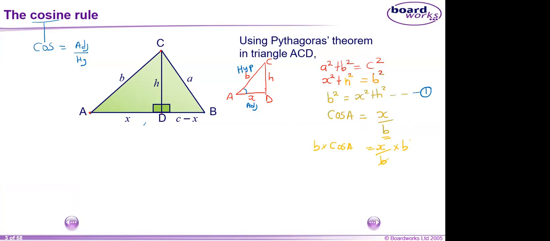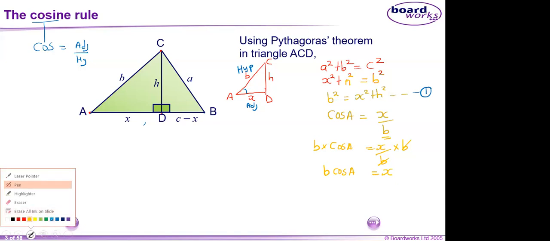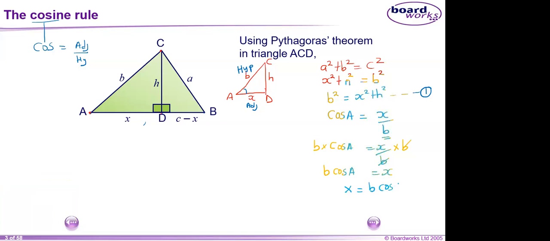So this b and this one will cancel. So I remain with b cos of A equaling to x. And therefore, I'm going to write it as x is equal to b cos of A. And I'm going to call this one my second equation.